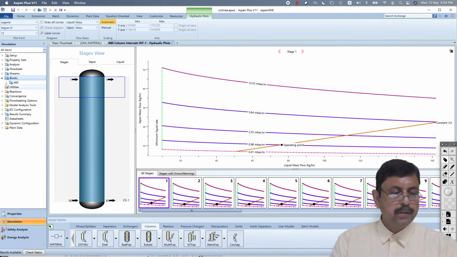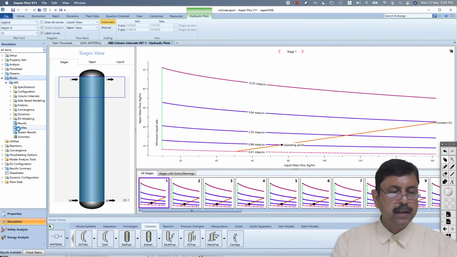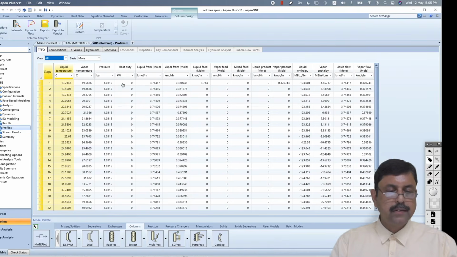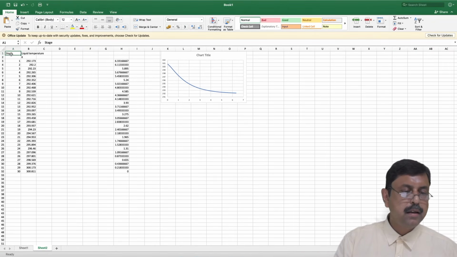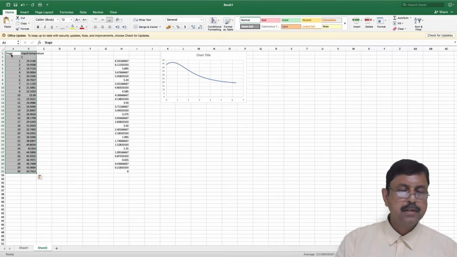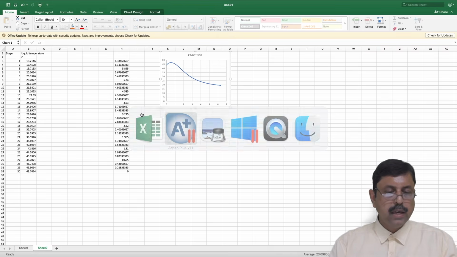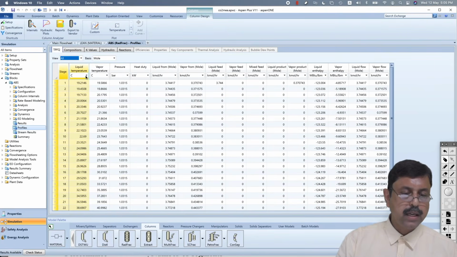Anyway, let us go to the profile once again and copy. Go to the Excel file, press it, yes. Now we can see the temperature. Well, we have forgotten to change it to Kelvin.